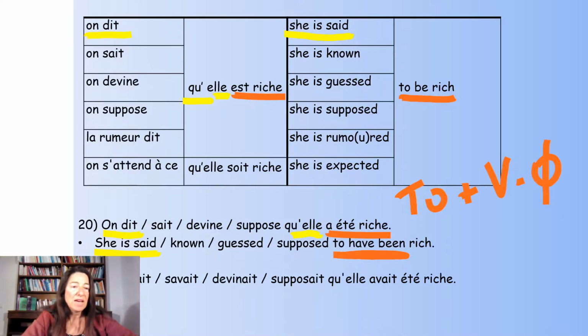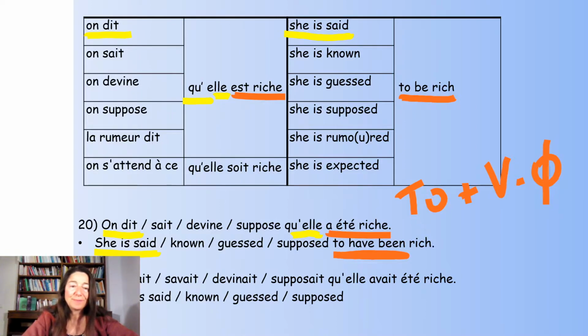Okay? Another sentence slightly different. Instead of on dit que, we have on disait que. So instead of she is said, we're going to have she was said. She was known, she was guessed, she was supposed, and so on. Qu'elle avait été riche.